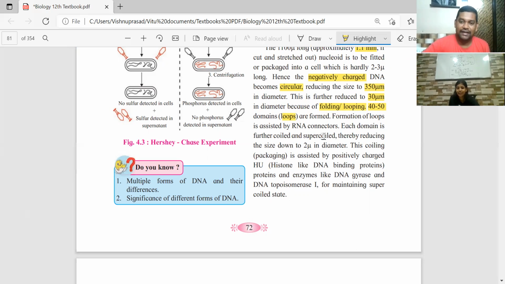There are something called RNA connectors. They help in forming the loops. This is called packaging. Once the packaging is done, it has to remain stable also. अचानक से खुल नहीं जाना.